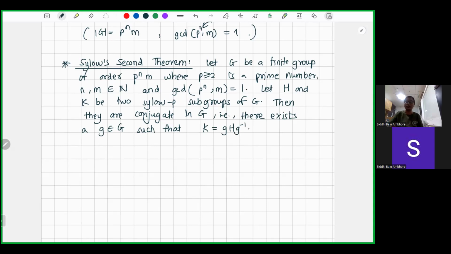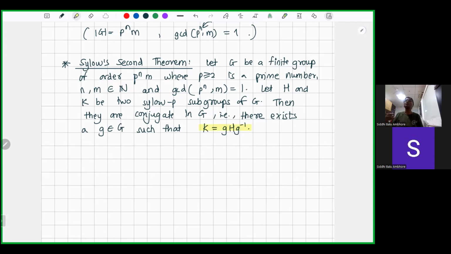It gives us information about two Sylow p-subgroups. What it says is that if I have two Sylow p-subgroups within group G, then they are conjugates of each other. What does that mean?